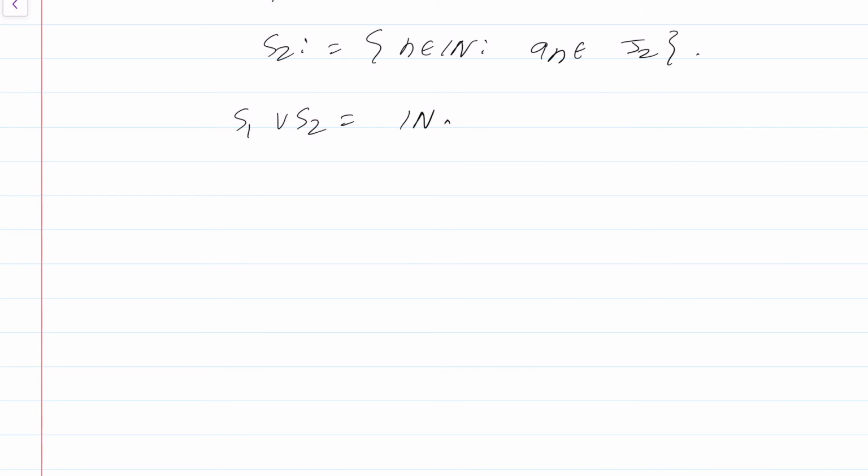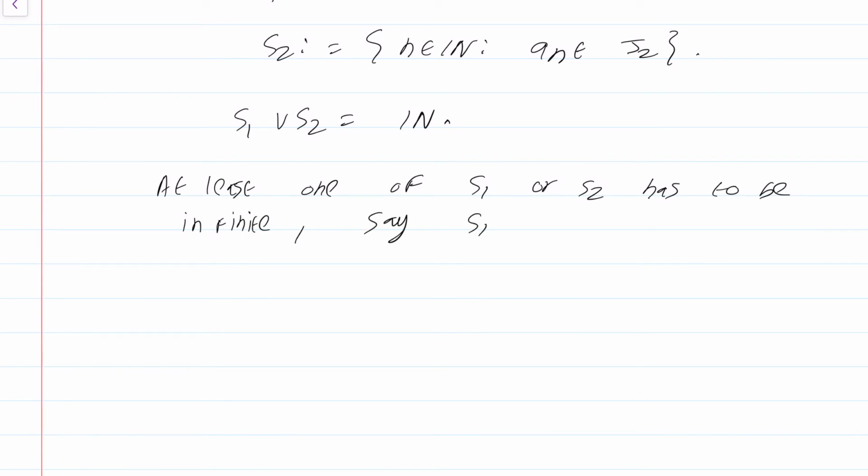Because of that, at least one of S1 or S2 has to be infinite. Say S1 for definiteness. It could be either. Now set I1 to be J1.